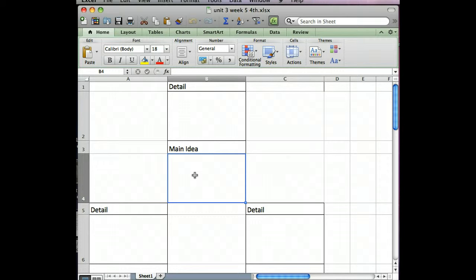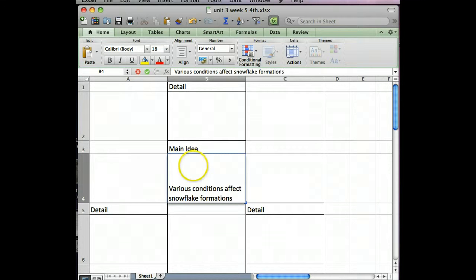Okay, so with that being said, so far I'm realizing that there are various conditions that affect snowflake formation. So I'm going to put that there. Various conditions affect snowflake formation. Okay? With that being said, I do know that ice crystals form around dirt specks.